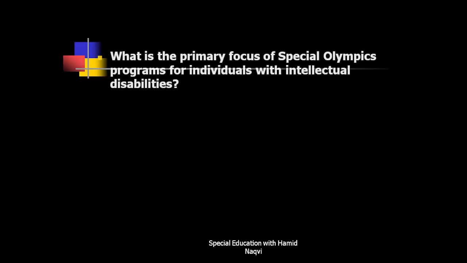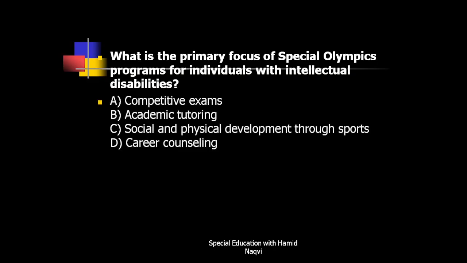Next MCQ is: what is the primary focus of Special Olympics programs for individuals with intellectual disabilities? Options are competitive exams, academic tutoring, social and physical development through sports, or career counseling.